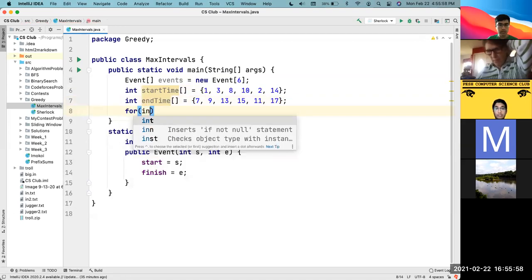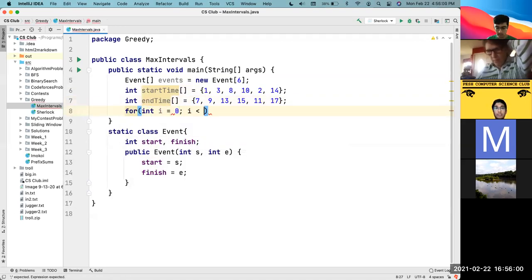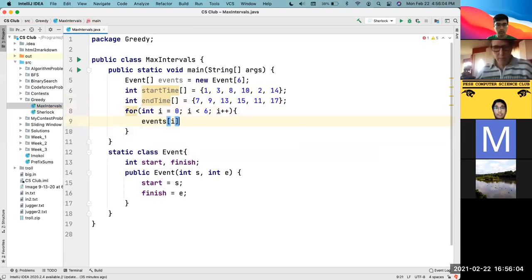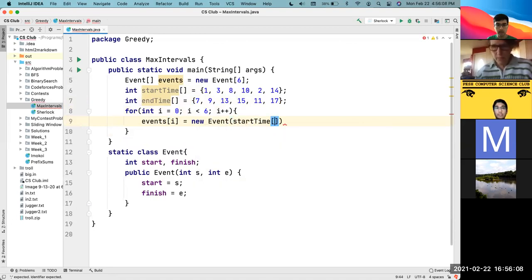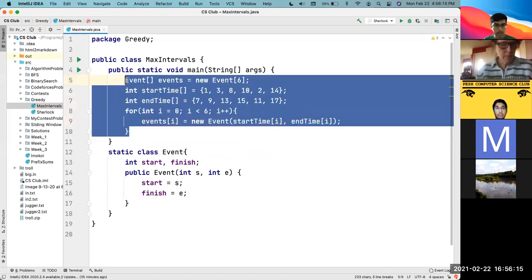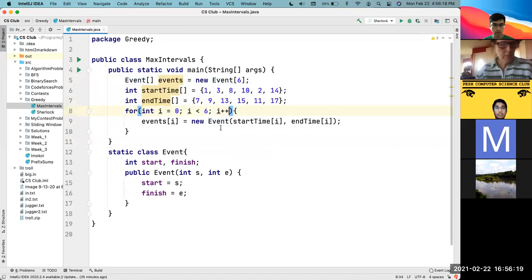Now I'll go through each of these and create a new event: events of i will be a new event with start time of i and end time of i. So now our events array has 6 events, with the start times and end times from the arrays.